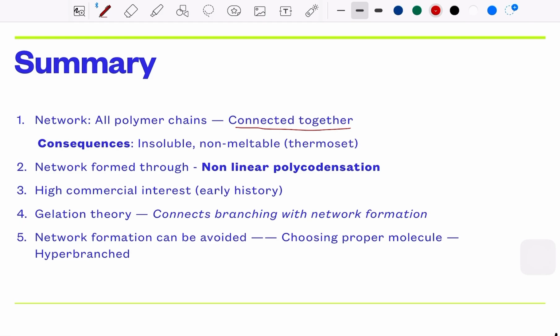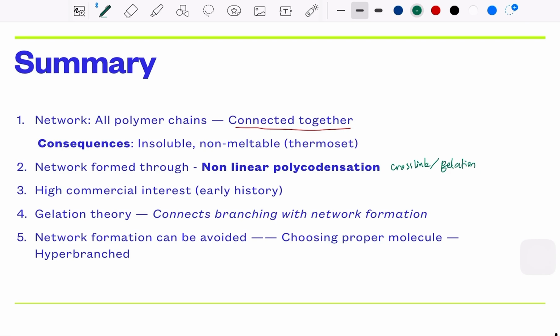And then the network goes through the nonlinear polycondensation, or we say the gelling or gelation, or the cross-link. Usually we say this is another name, cross-link or gelation.